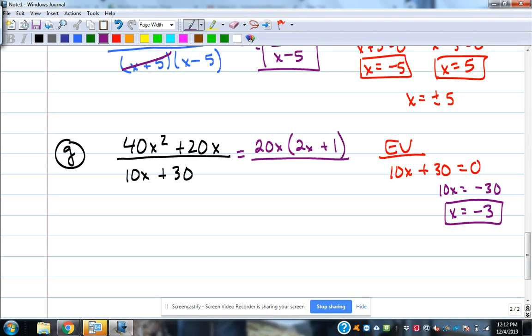Now we have to think about factoring, because we don't normally solve that by factoring, but when we're trying to simplify a rational expression, we do want to think about factoring. So how can we factor this? A GCF of 10, that's right. Pull out a 10. That leaves us x plus 3 in the parentheses.